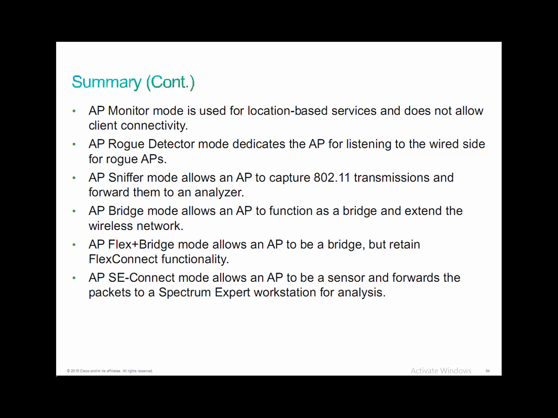Obviously, there's a lot of stuff we still have to cover with regard to all these different modes of operation. We were just introducing the concepts in this particular lesson. But there will be other lessons that go into more detail on these particular modes of operation. So we'll wrap up this lesson. In the next lesson, we're going to get into exploring some of the additional features like client link technology and so on in the wireless LAN controller.